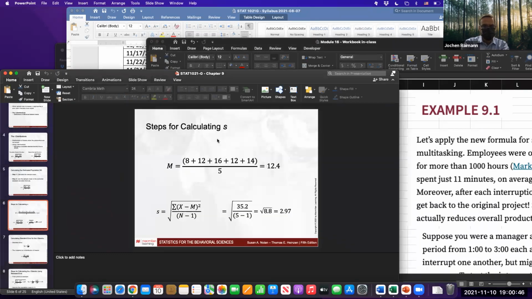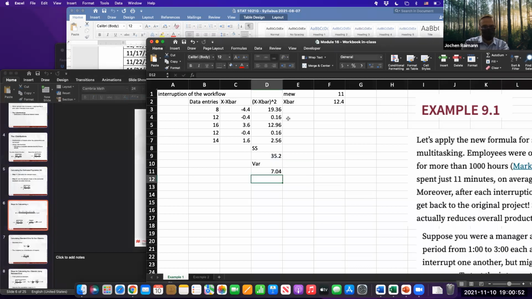Why is that not right? Okay, yeah, this would be the variance in a population. This would be the population variance. But we are not doing that. We're calculating the variance of a sample.